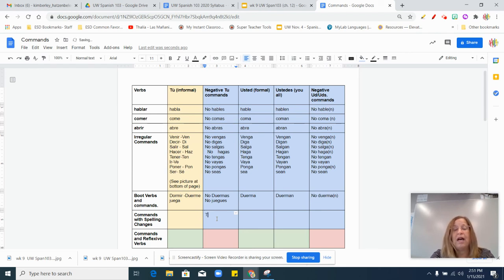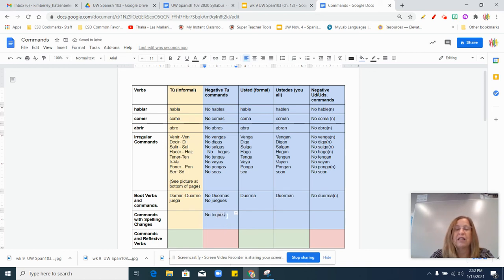So tocar is toco, AR verb. So we want the ER endings, toques, but if we do it like that and add ES without changing the C, it's pronounced toses, but we want it to be toques. So you have to change that C to a Q and add a U. No toques.